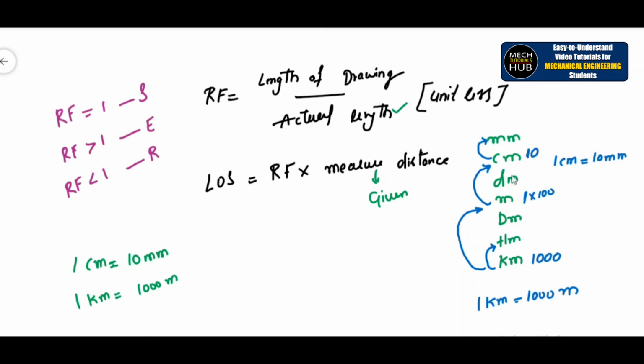If you remember this order from the least to the highest, you'll understand everything simply. Similarly, 1 meter to millimeters, how many zeros do we place? 1, 2, 3, so 1000 millimeters. If you remember this format, everything becomes so simple.